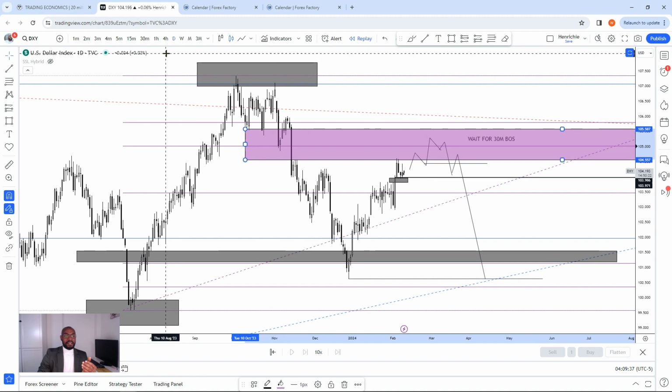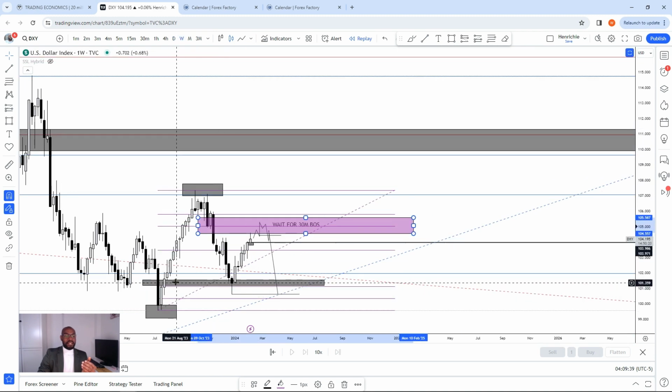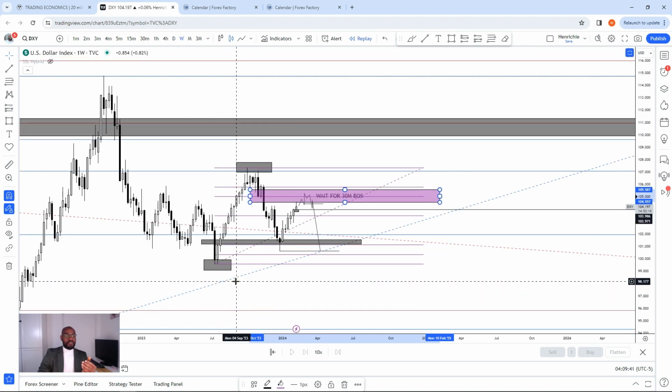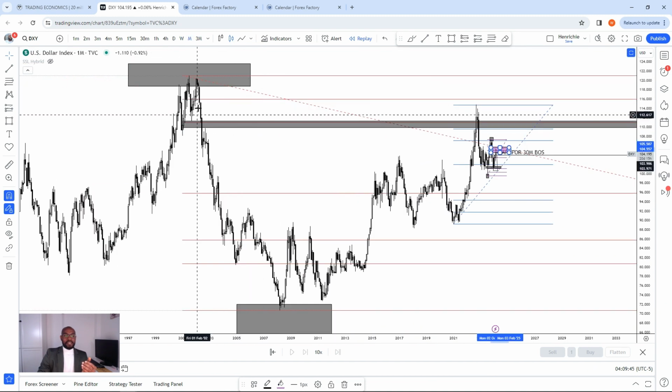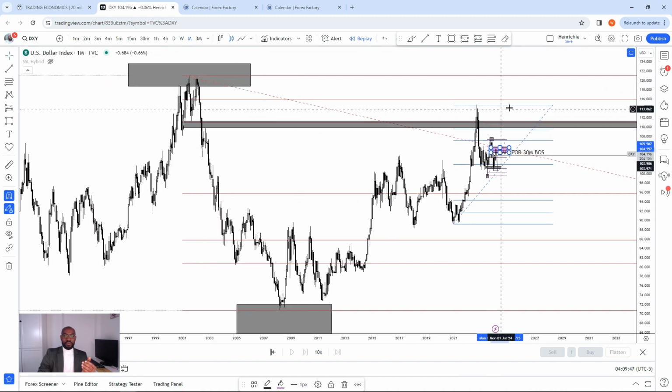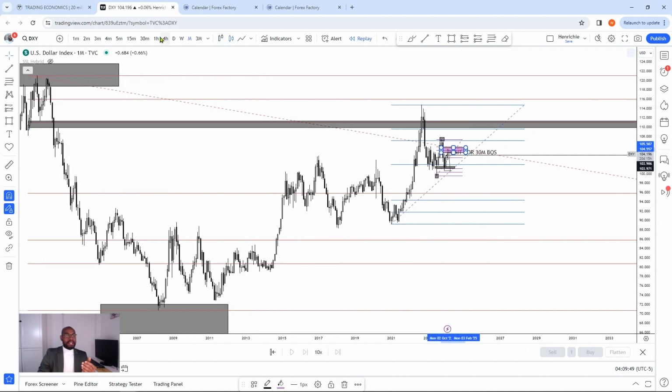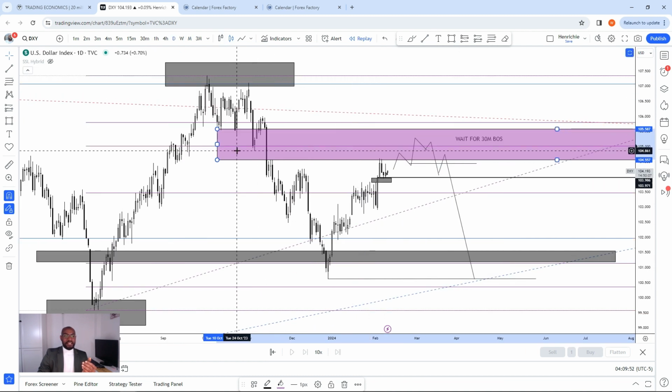In this case right here, we had the inefficiency and it was used for a buy. And in the case of the monthly, you can see right here the inefficiency was used for a sell. And now in the case of the daily, you can see right here the extreme premium and then an inefficiency.